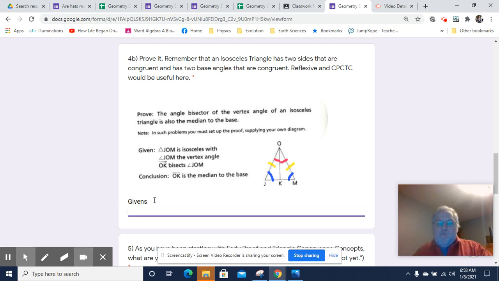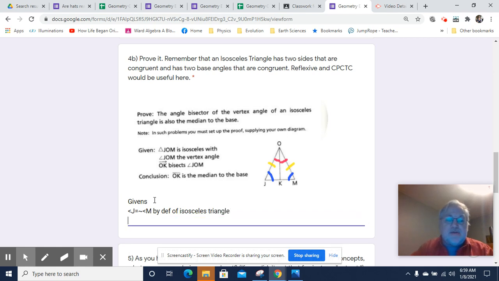So we can say angle J is congruent to angle M by definition of isosceles triangle. And we can say triangle because there's also isosceles trapezoids out there. And we can say that OJ is congruent to OM by definition of isosceles triangle.